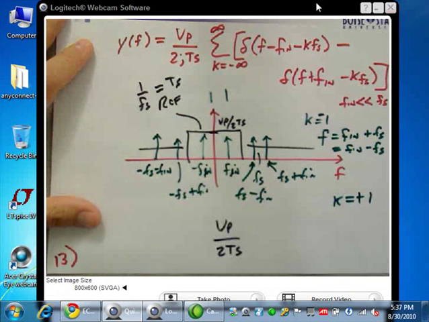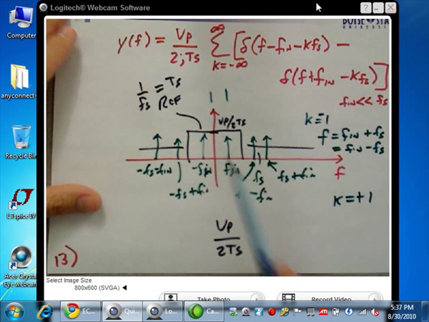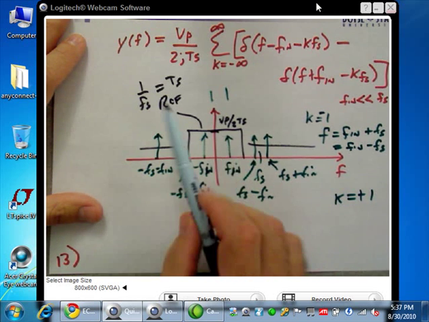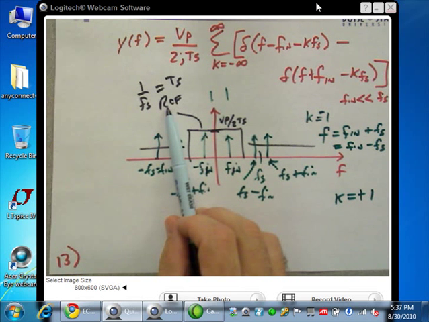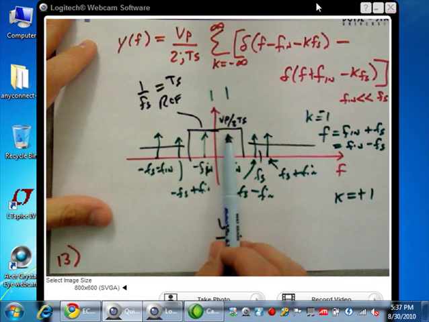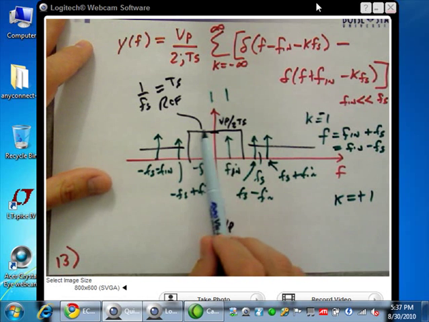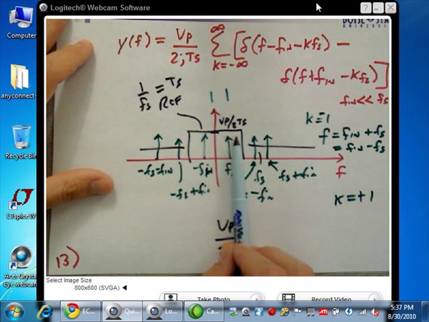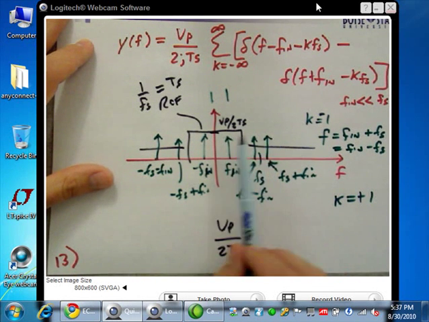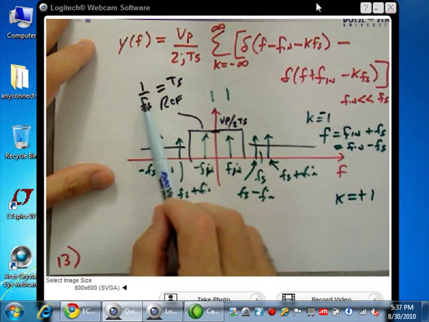Okay? Now, when we talk about the sample and hold, our reconstruction filter may have an amplitude of 1, and that's because we don't have these little impulses with a minuscule amount of power. We hold the signal the entire time between the sampling instances, so when we pass the signal to the output through a reconstruction filter, we don't need this weighting here.